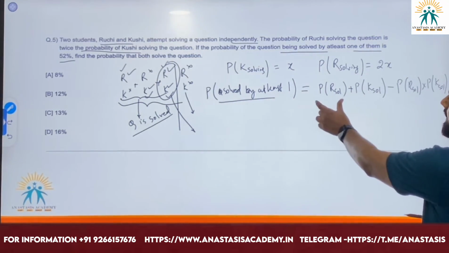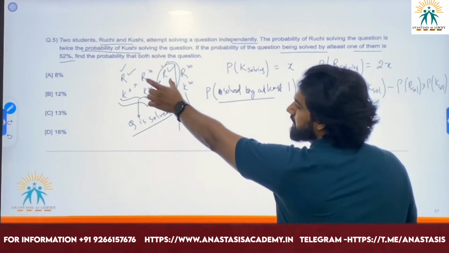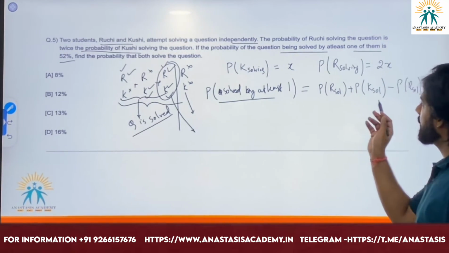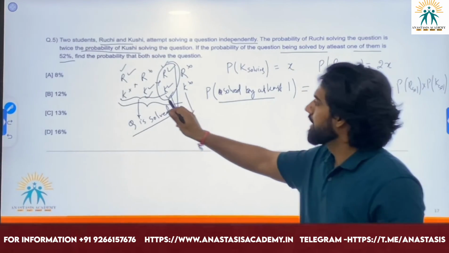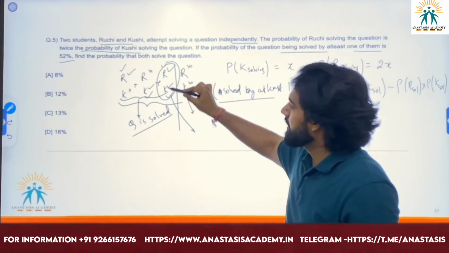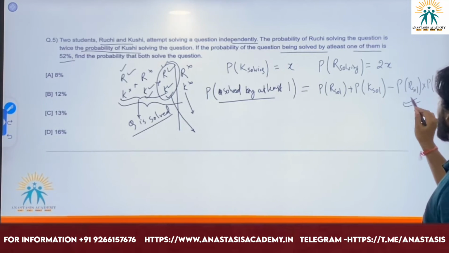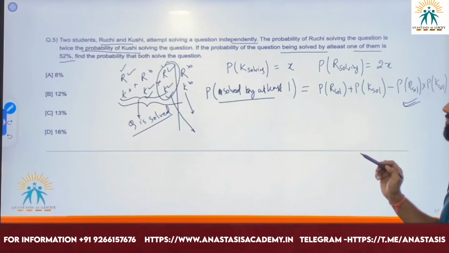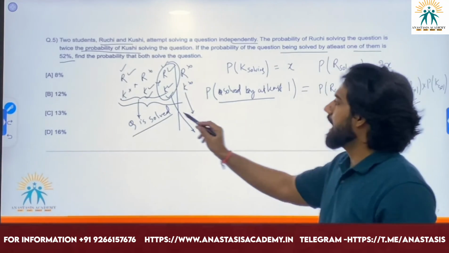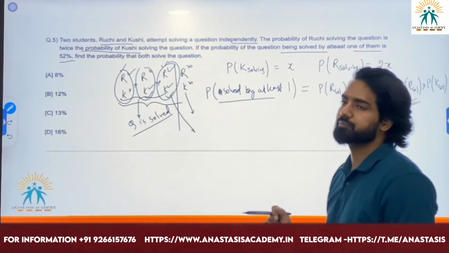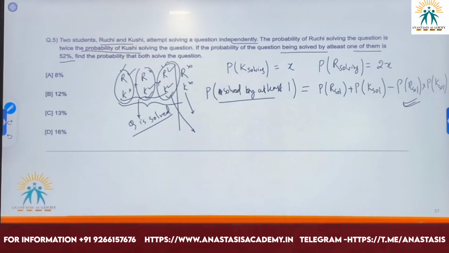When I add the probability of Ruchi solving, I have included when both are solving, and when I add the probability of Khushi solving, I have again considered when both of them solve. So I have to subtract it one time to keep it only once. I am actually adding these 3 cases only, when Ruchi solves and Khushi solves.